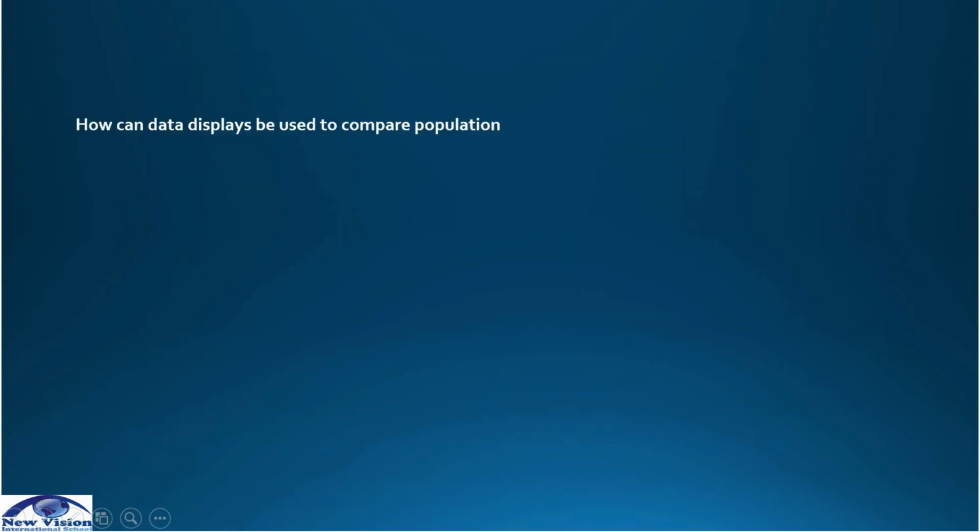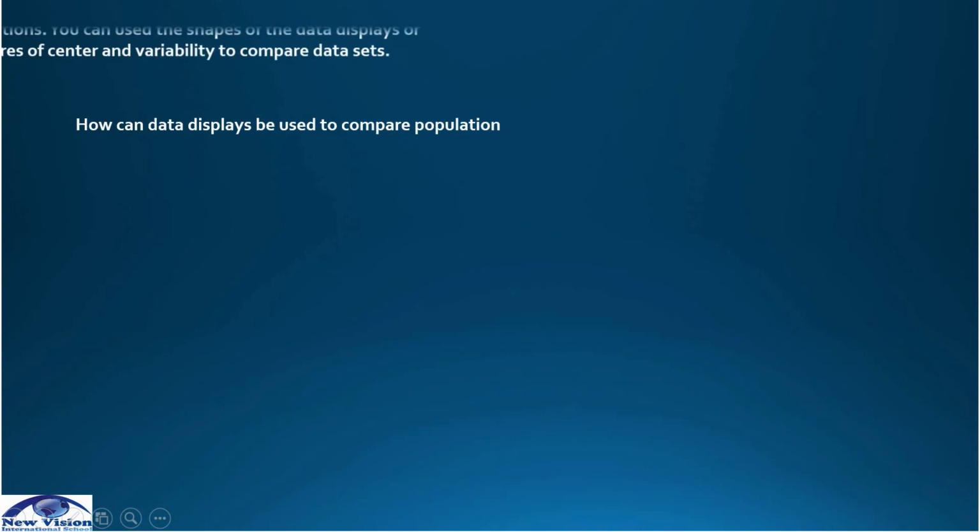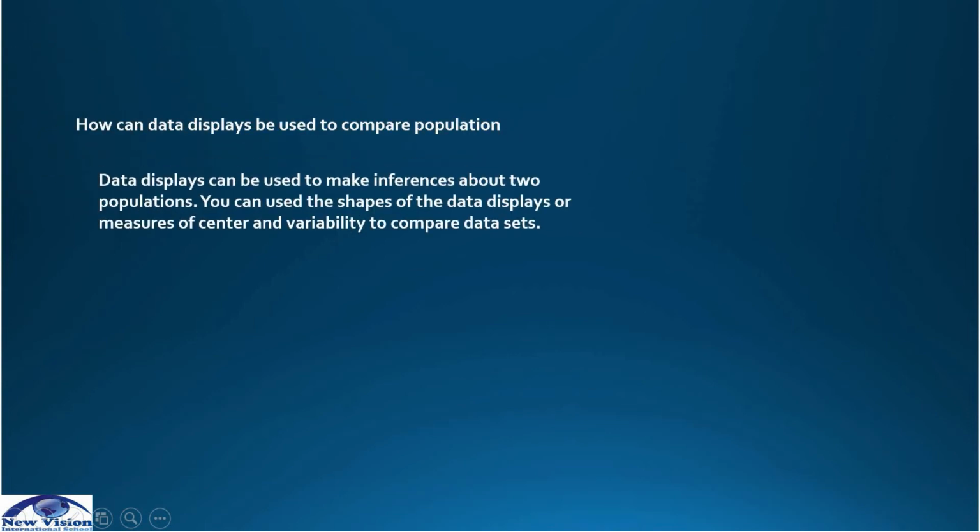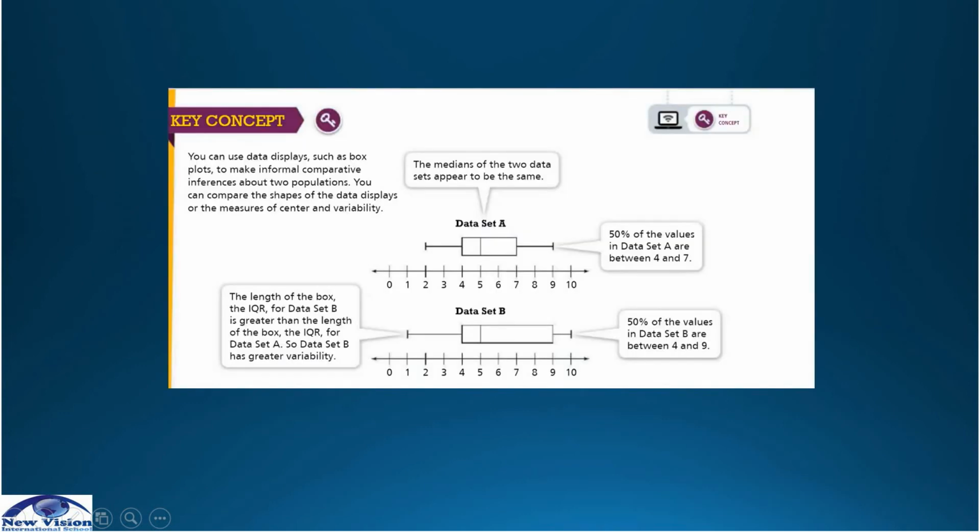So how can data displays be used to compare populations? Data displays can be used to make inferences about two populations. You can use the shapes of the data displays or measures of center and variability to compare data. I hope you learned something from the previous examples before we proceed to page 332.